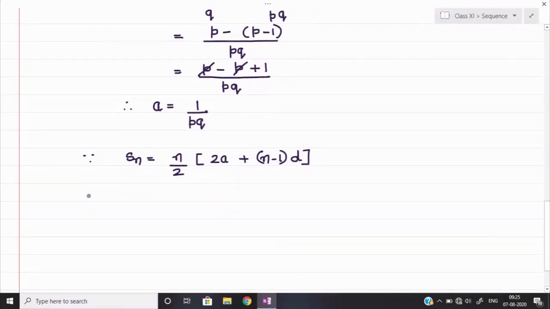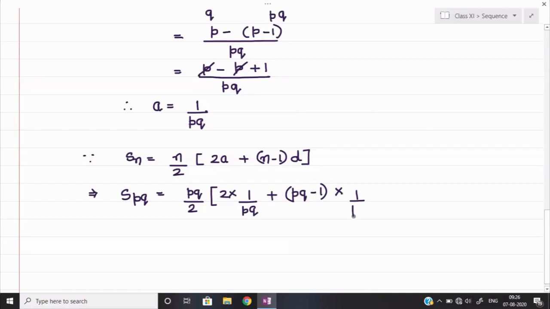So we shall put here the sum of pq terms, meaning S pq. S pq is equal to, the value of n I will keep here also, so this will be pq upon 2 into the bracket 2 into a, meaning the value of a I have now is 1 upon pq. Similarly plus pq minus 1, and then again the value of d I will keep as 1 upon pq only, because a and d both are the same.